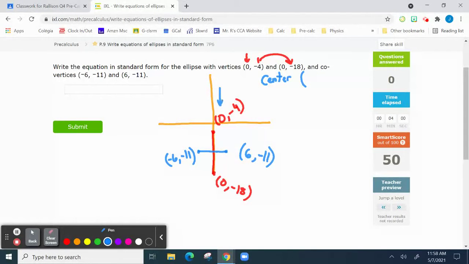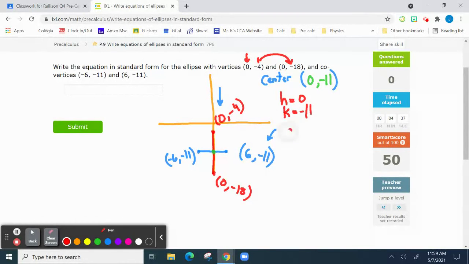And so we know the x coordinate is 0. And we can see this -11 doesn't change as we go across. So we know the y coordinate of this point right in the middle, the center, is going to be (0, -11). So we're halfway there, right? So we need h and k. So h equals 0 and k equals -11.